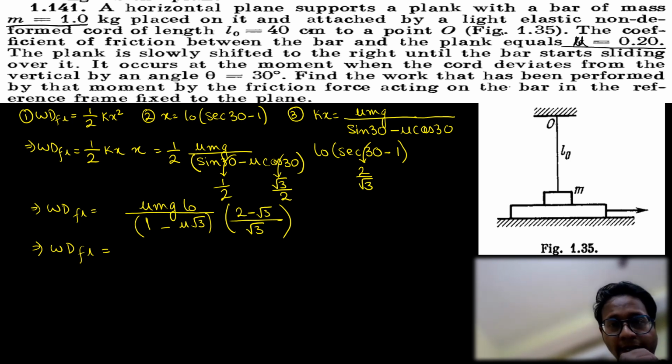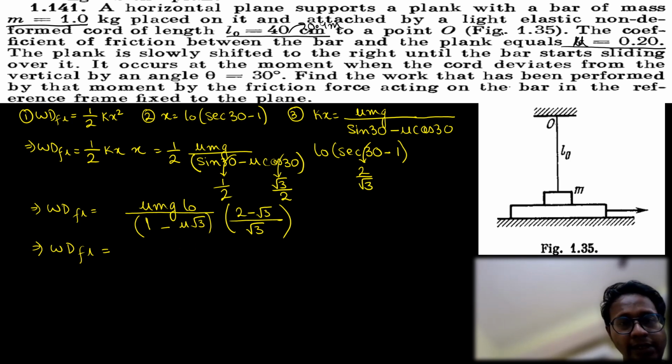G I know to be 10 or 9.81, I'll use 10 here. L naught is given as 40 centimeter or 0.4 meter, because I'm using SI units. Mu done, M done, G I know, and L naught also done. There is no other variable.